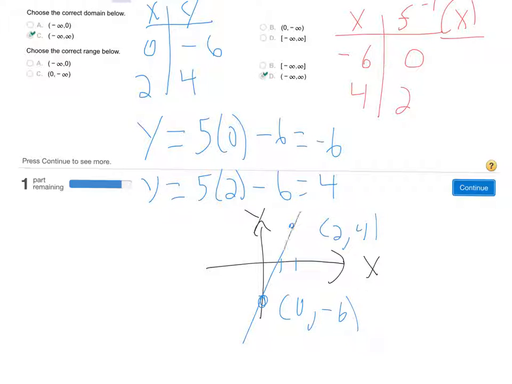And so that's the original function. And I'm doing the inverse in red. So (-6, 0) will be back here. And then (4, 2) will be somewhere over here. So that in red's the inverse.